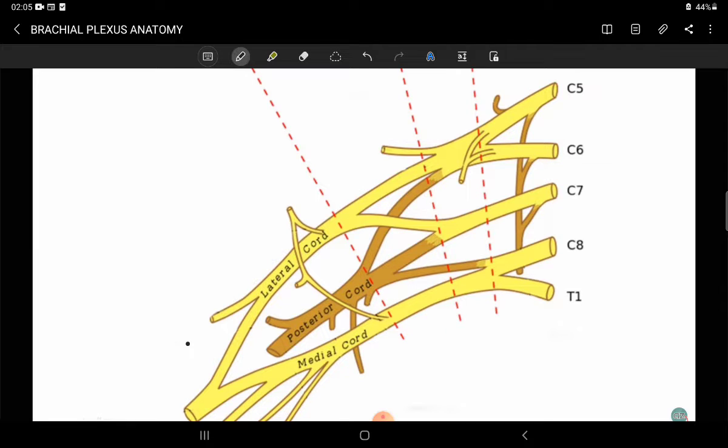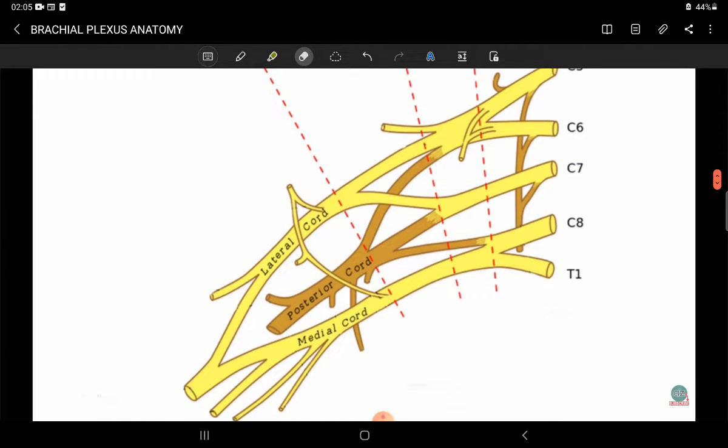Now next we are going to see about the branches from the superior trunk. So this is the suprascapular nerve, and this is the nerve to subclavius. Okay, these are the two branches from the superior trunk. Then when it comes to the terminal branches, the main terminal branches are as follows.